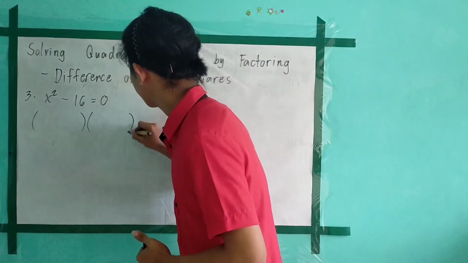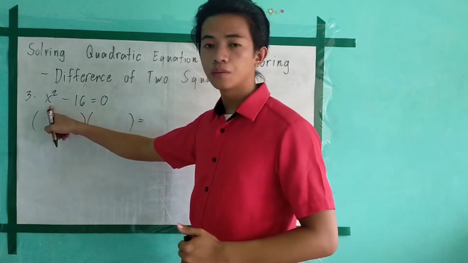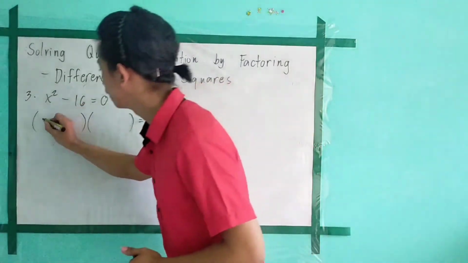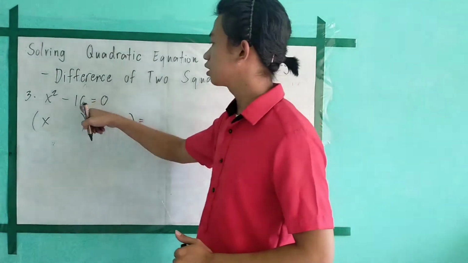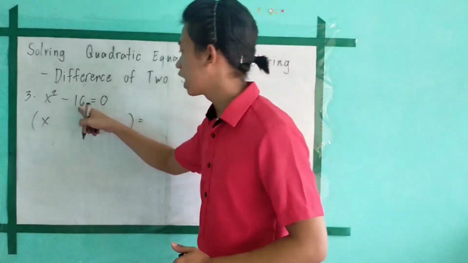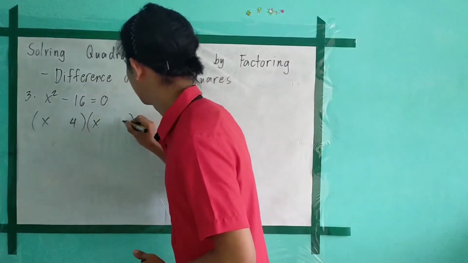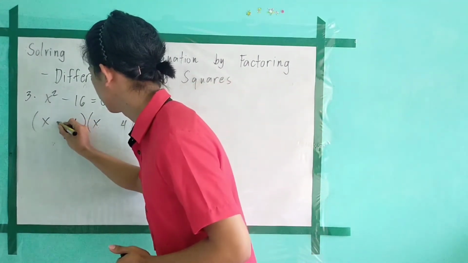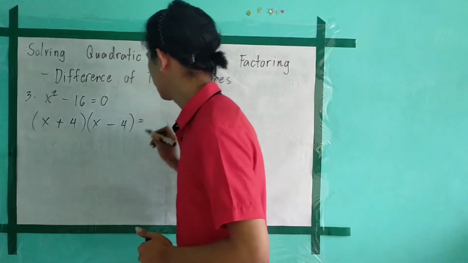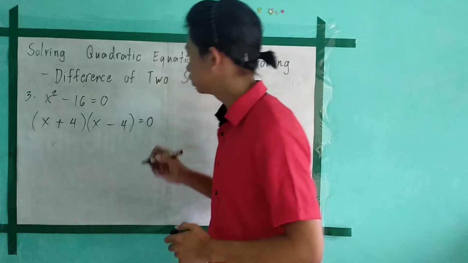Okay? So, what is the square root of our x squared? We have x. Sulat natin siya dyan. Square root of 16. We have 4. And then, form a sum and difference. Then, it is equal to 0.